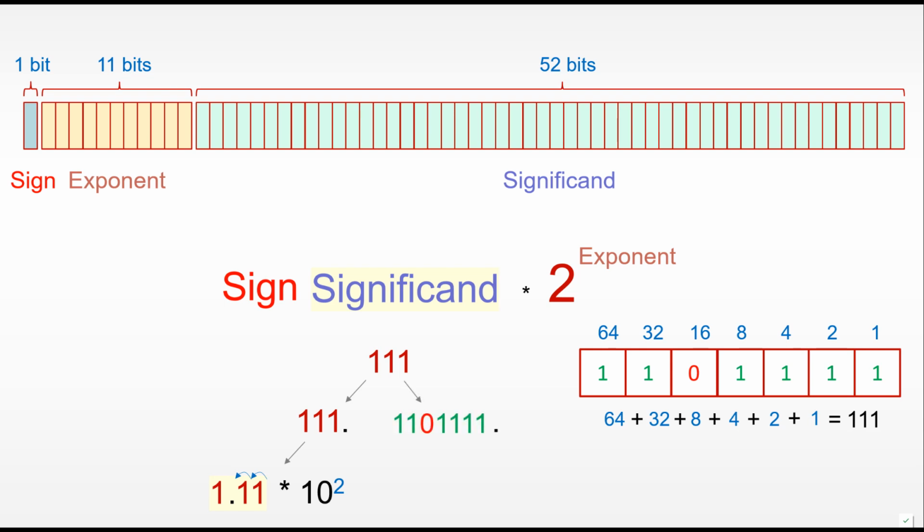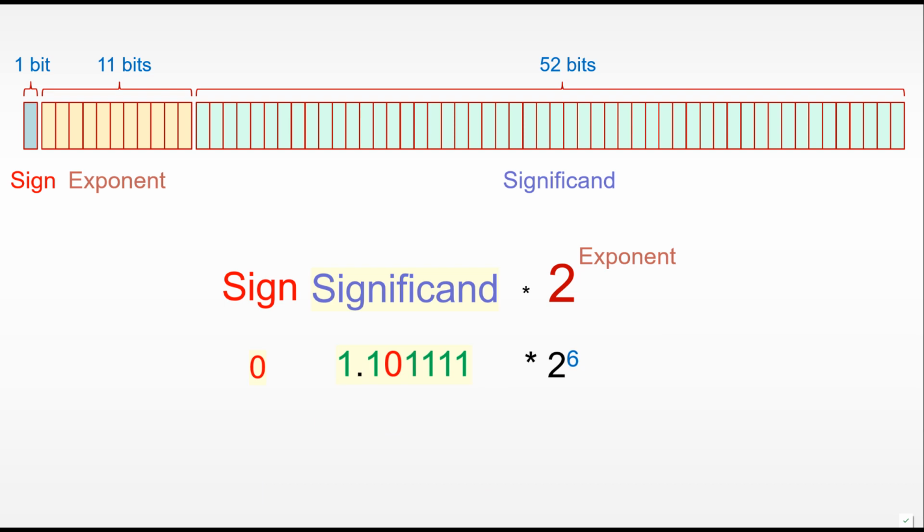So this is a number. Again, we can imagine that there is a decimal point immediately after it. So how can we normalize the number? Well, we have to move the decimal point to the left, actually 6 times. So the normalized version of 111 in binary would be 1.101111, which is raised to 2 to the power of 6.